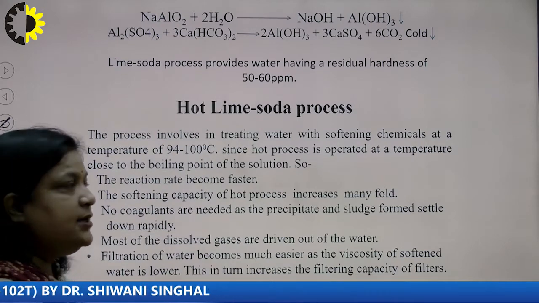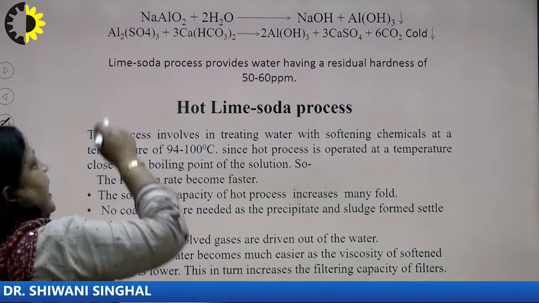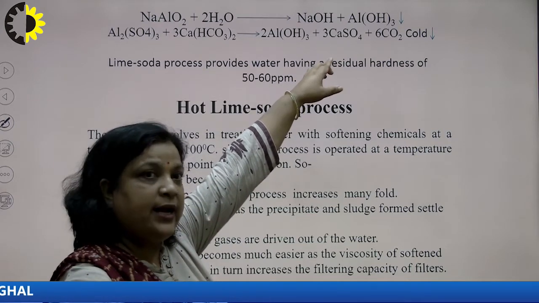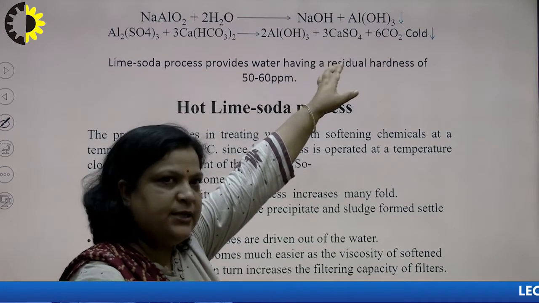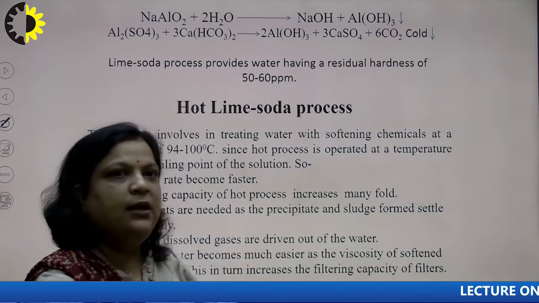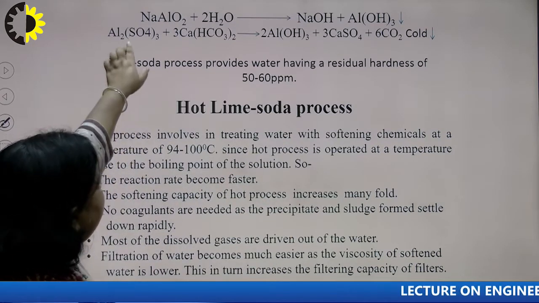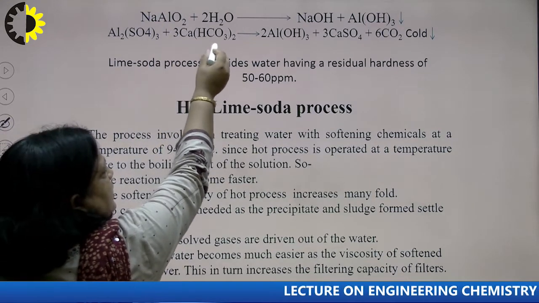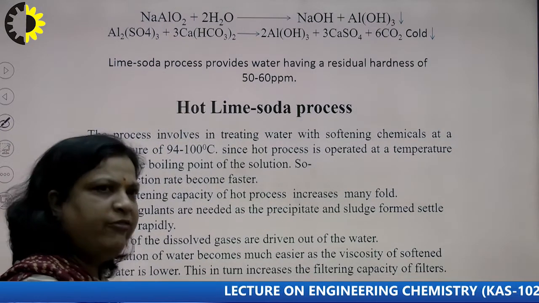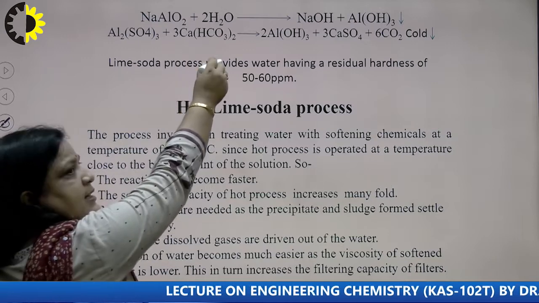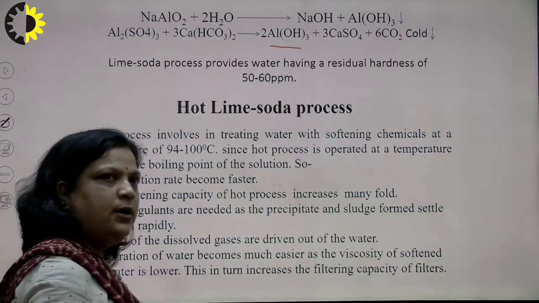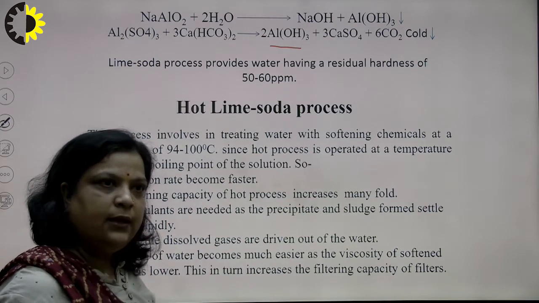The main reaction of coagulant is NaAlO2 with water forming Al(OH)3, which is a gelatinous precipitate and traps the fine particles. If we use aluminum sulphate, that is Al2(SO4)3, it combines with water which contains any type of hardness, let's say bicarbonate, that is temporary hardness, then again Al(OH)3 is formed, which entraps the fine particles.